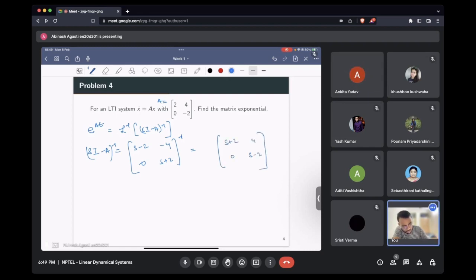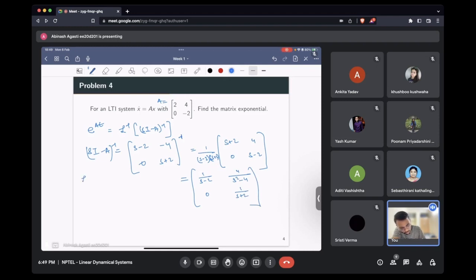Then, right. So, what does this give us as elements? 1 by S minus 2, 4 by S square minus 4, 0, 1 by S plus 2.